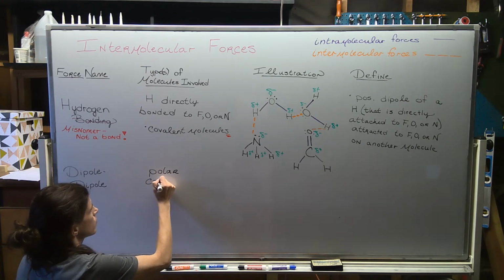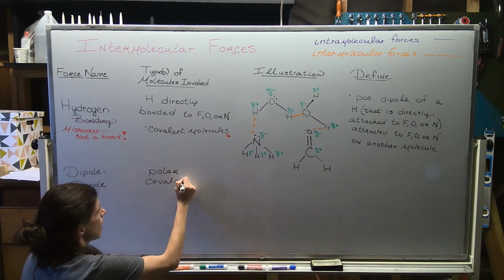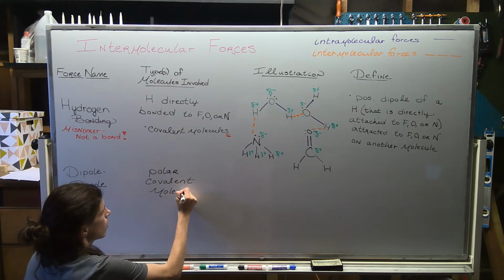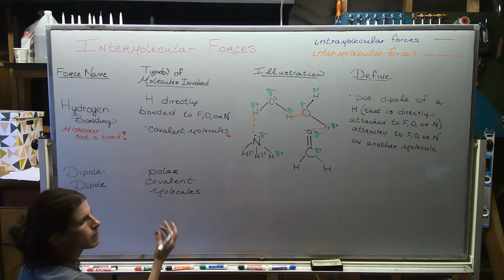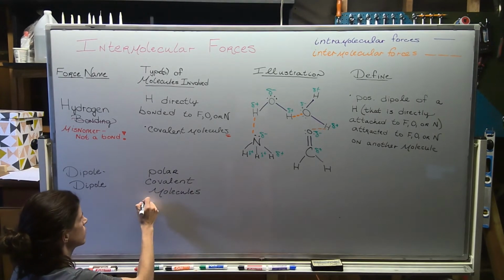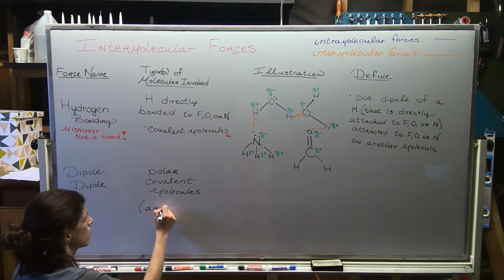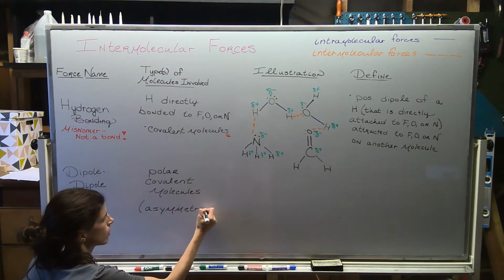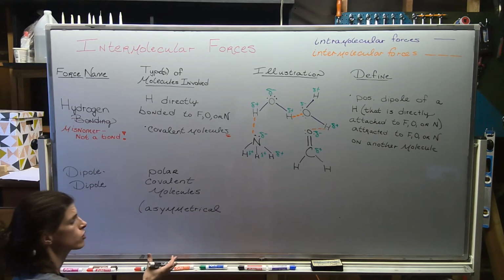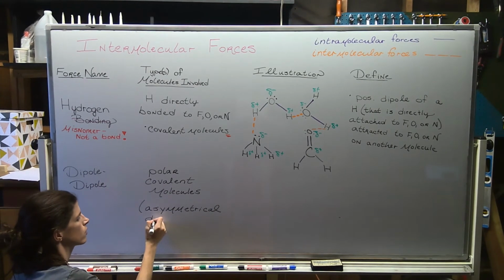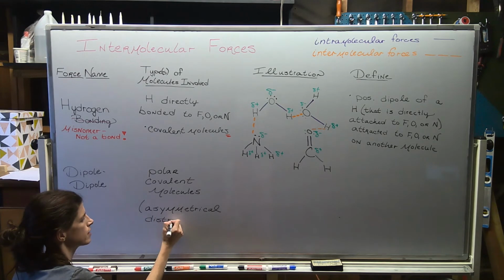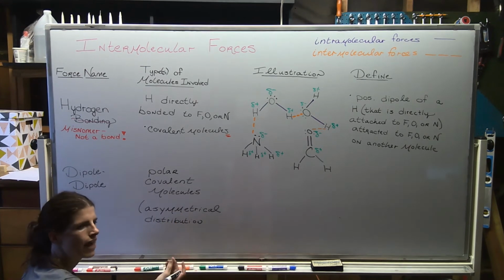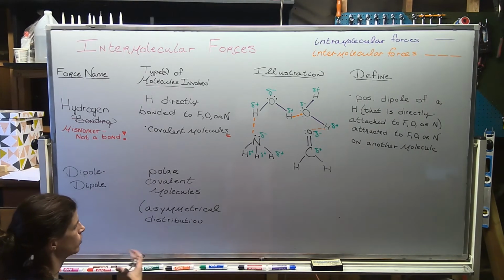How do we identify a molecule as being polar covalent? For me, it's always been a matter of looking at asymmetry, because when you have a polar covalent molecule, you're going to have an asymmetrical distribution of the electron cloud. That's typically due to the presence of a pretty electronegative atom within the molecule.